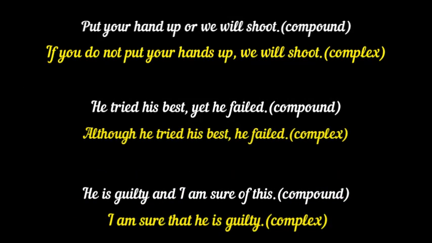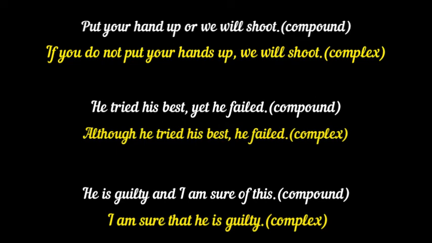In the first compound sentence, the first coordinate clause, put your hands up, is changed into the subordinate clause, if you do not put your hands up, initiated by the subordinating conjunction if in place of the coordinating conjunction or to make it a complex sentence. So put your hands up or we will shoot becomes if you do not put your hands up, we will shoot.